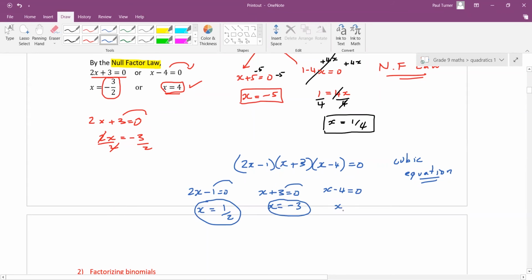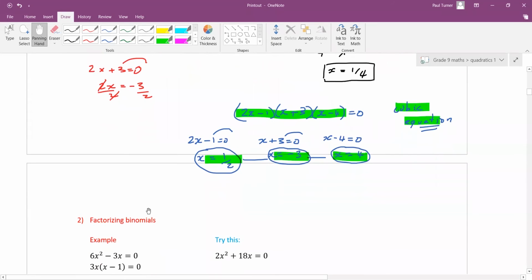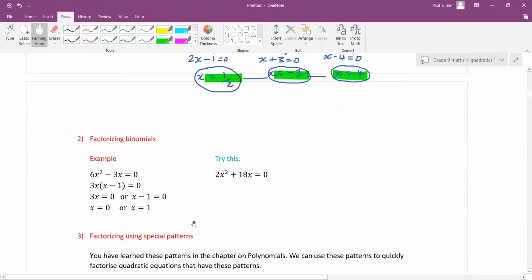And add 4, so x will be equal to 4, like that. So they would be the solutions for that cubic equation here. And of course, in this case, you got 3. Cubics don't always have 3 solutions like this, but many of them do. All right. So that idea can be applied to any equation if it's already factorized.